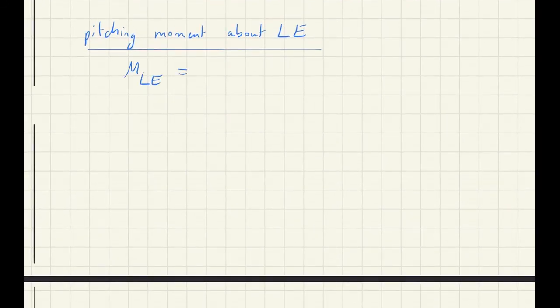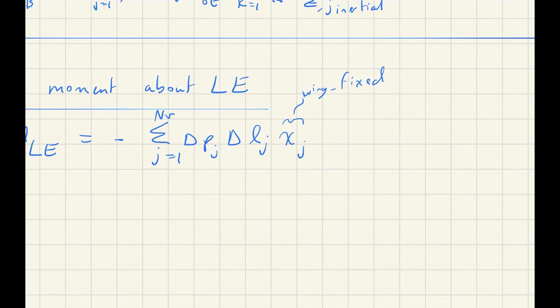MLE is equal to minus the sum from j equal to 1 through NV of delta Pj delta Lj Xj, and this is in the wing fixed frame, multiplied by the vertical component of the jth unit vector.